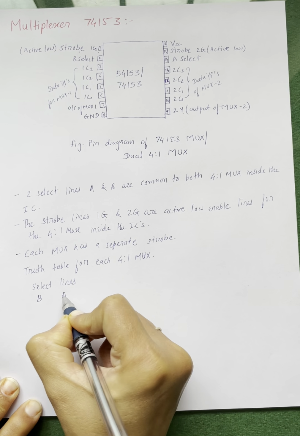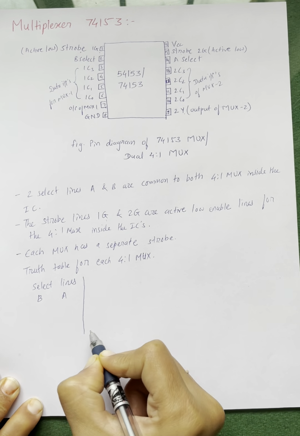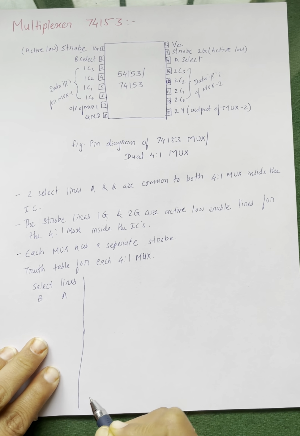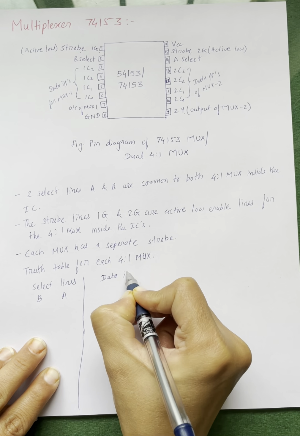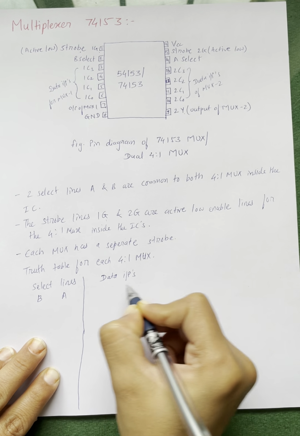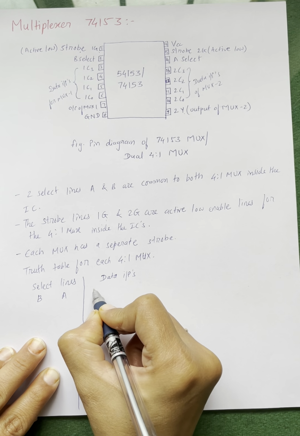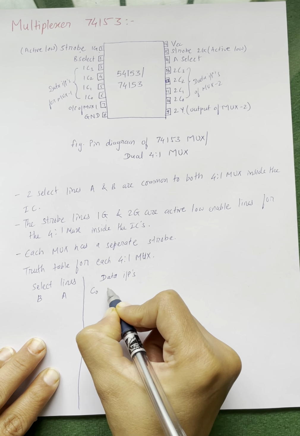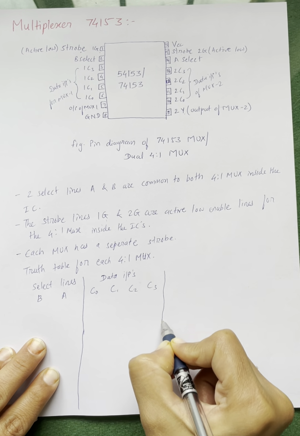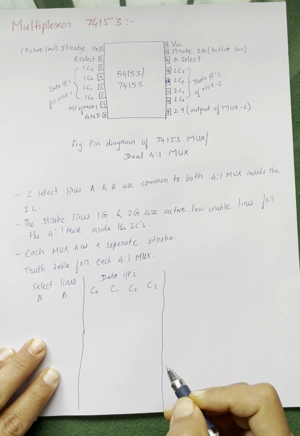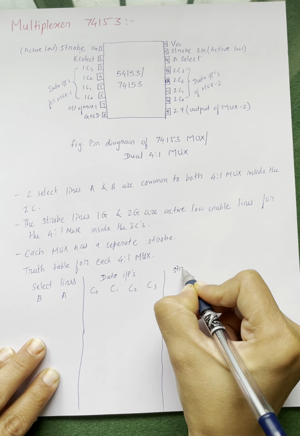A and B. Next are the data inputs, which I'll consider as C0, C1, C2 and C3. Rather than that, strobe will be required.